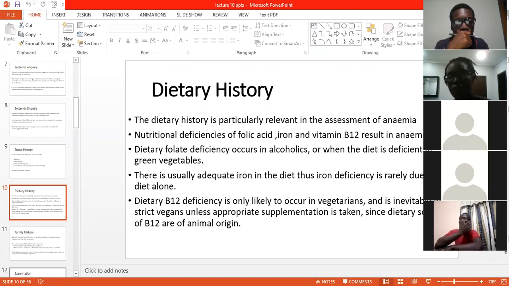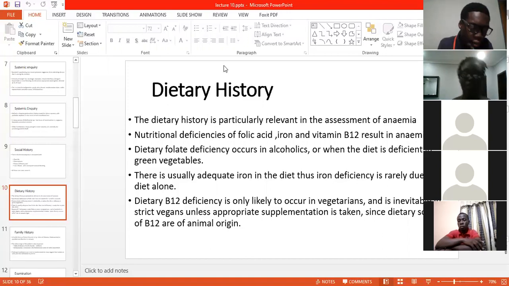And we know that alcoholics don't eat well. So once a patient is an alcoholic, the diet will also be deficient. Then it's also important to inquire about vegetarians, because vegetarians are prone to vitamin B12 deficiency, because vitamin B12 is from animal sources. So if the patient is a vegetarian and is not on supplements, then this patient might likely have anemia.